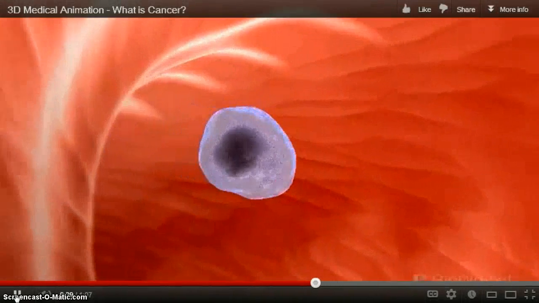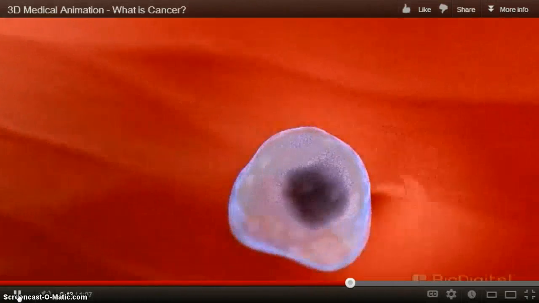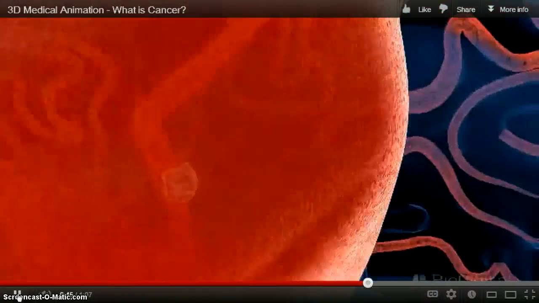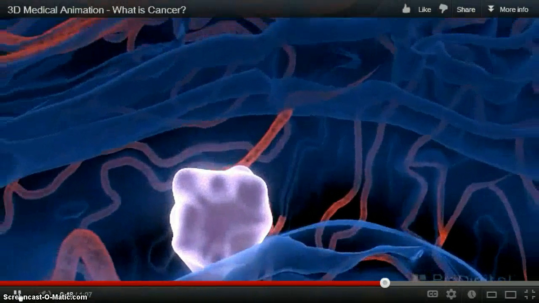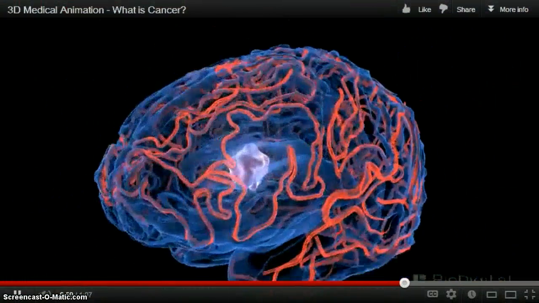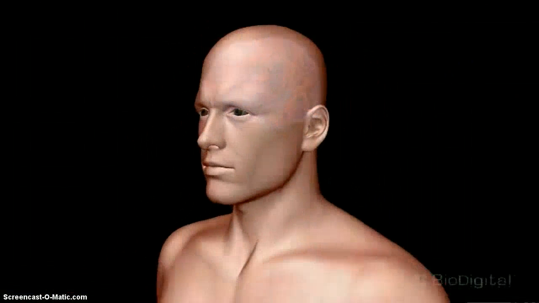Most cancer-related deaths are due to metastasis, malignant cells that penetrate into the circulatory system and establish colonies in other parts of the body. Great advancements have been made, but cancer is still the leading cause of death for people.